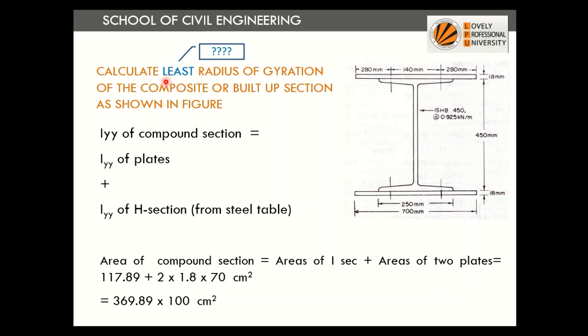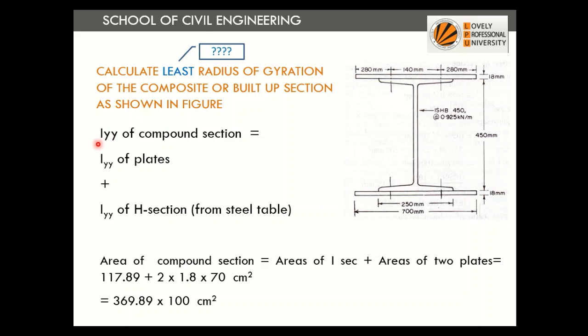So we will calculate IXX, IYY, then the area of the section, then the radius of gyration, and we will see about which axis the least radius of gyration occurs in the case of an I section or a built up section.